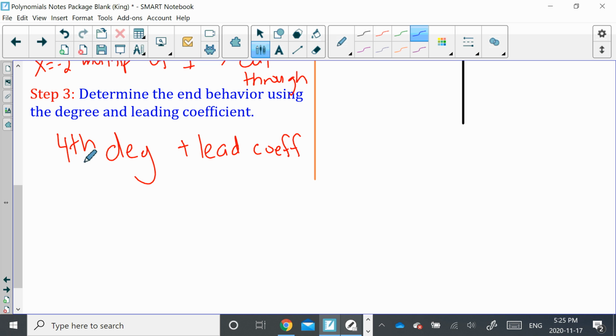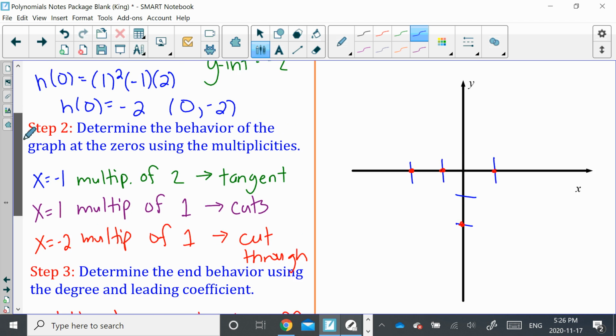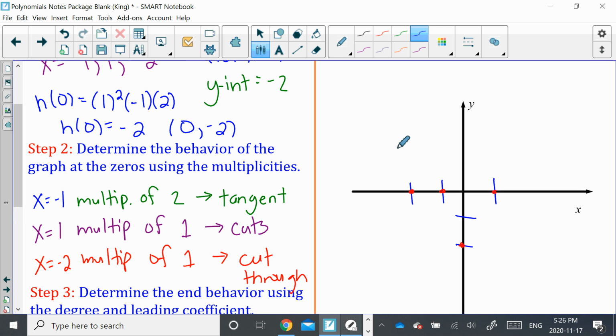What you need to get from 4th degree is it's even. So it's an even degree, positive lead coefficient. The end behavior is the left arm rises and the right arm rises. So on this graph, the left arm is going to rise and the right arm is going to rise.